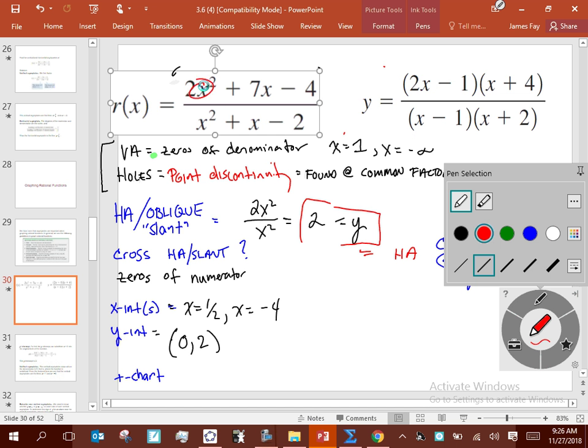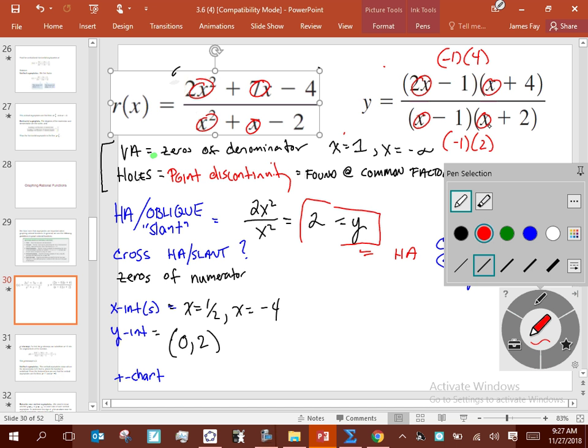If x is 0, doesn't that go to 0? 0, 0, 0, and we're left with -4 over -2. So over here, same thing. That goes to 0, it goes to 0, 0, 0. So you're left with -1 times 4 over -1 times 2. So it gives you 2, right?